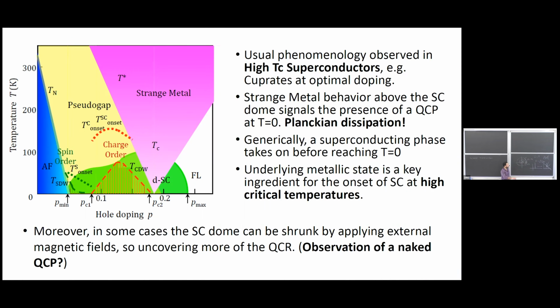I want you to focus on the wedge-like region, the purple one, which is that strange metal, and it's dubbed like that precisely because the measurements there deviate from the predictions of Fermi liquid theory. In particular, in some cases you can find something called Planckian dissipation, which essentially implies that the resistivity goes roughly linearly with the temperature, which is something that was ruled out by Fermi liquid theory.